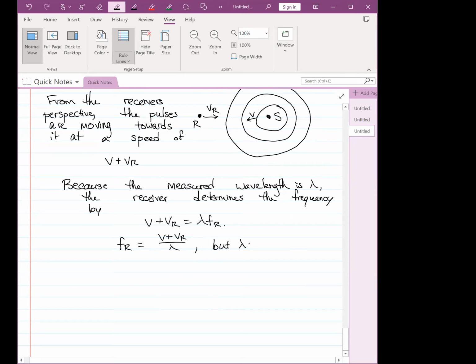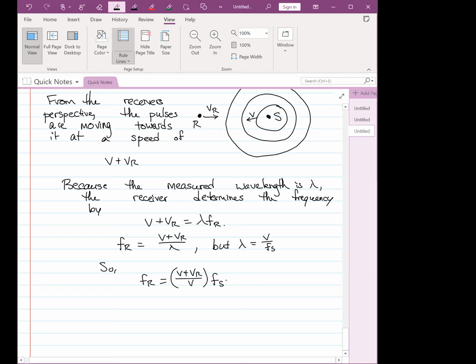But lambda is also equal to the regular wave speed, from the source's perspective, divided by the frequency at the source. So the frequency observed by the receiver is v plus v sub r divided by v, times f sub s, the frequency of the source.